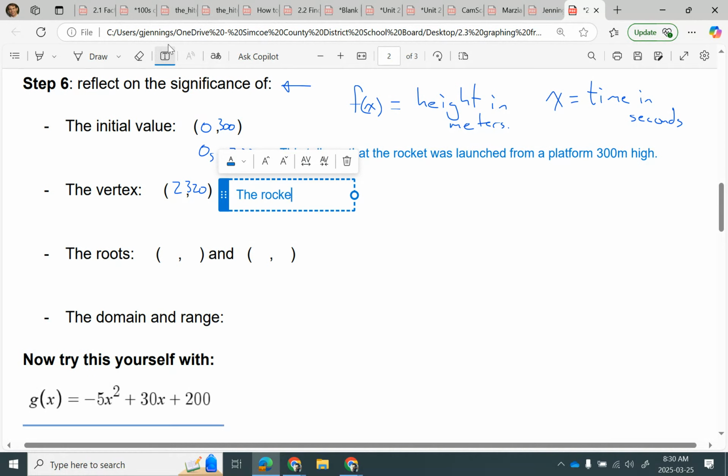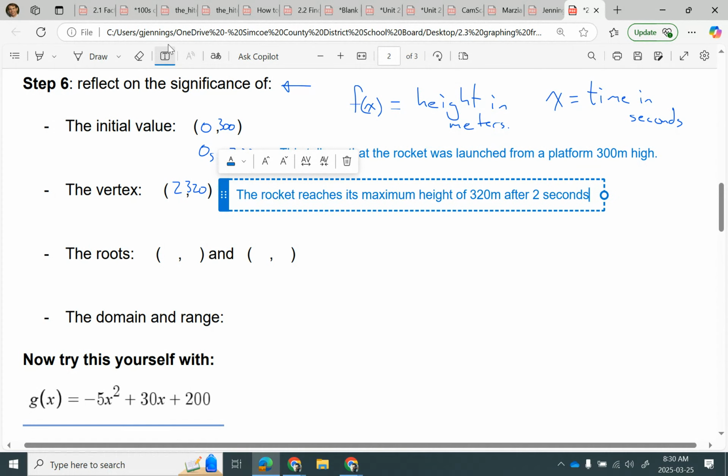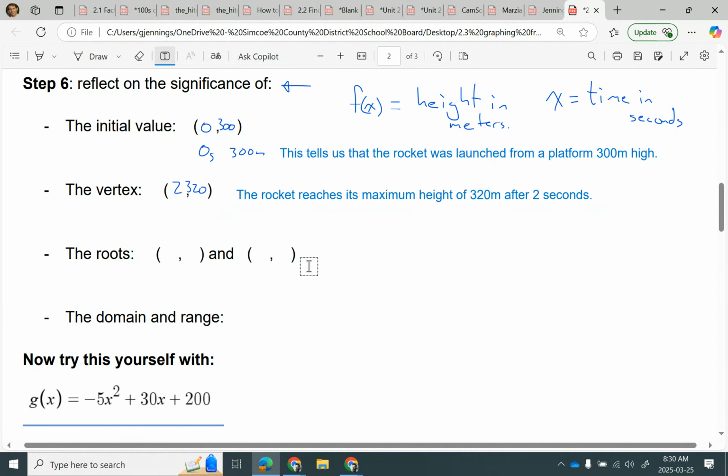The rocket reaches its maximum height of 320 meters after 2 seconds. It's really not very exciting. You're standing on the edge of this big majestic cliff and it goes psh, up a little bit and then it just starts falling into the sea.